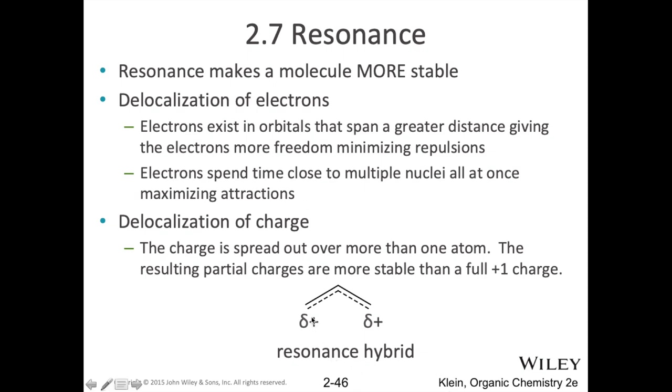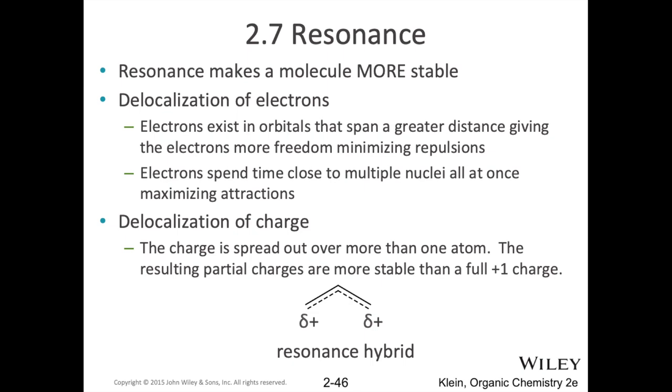That positive charge is spread out between both of those terminal carbons. In both cases, this is what makes that molecule more stable. If you can delocalize charge rather than sticking it to one place, that generally helps minimize the repulsion felt by those electrons and generally makes your molecule more stable.